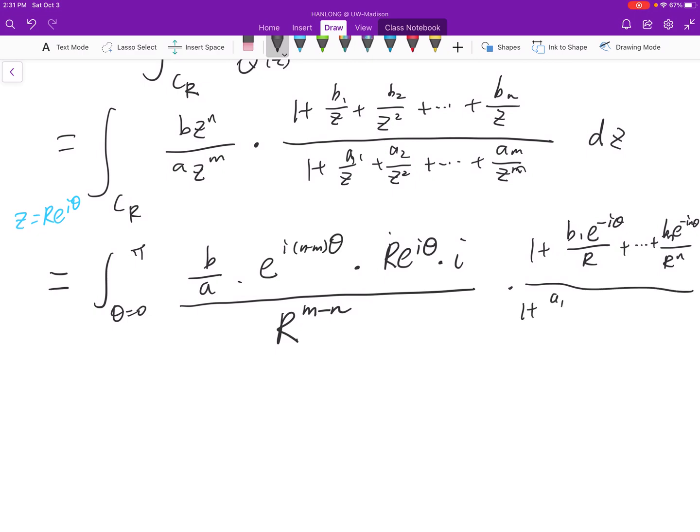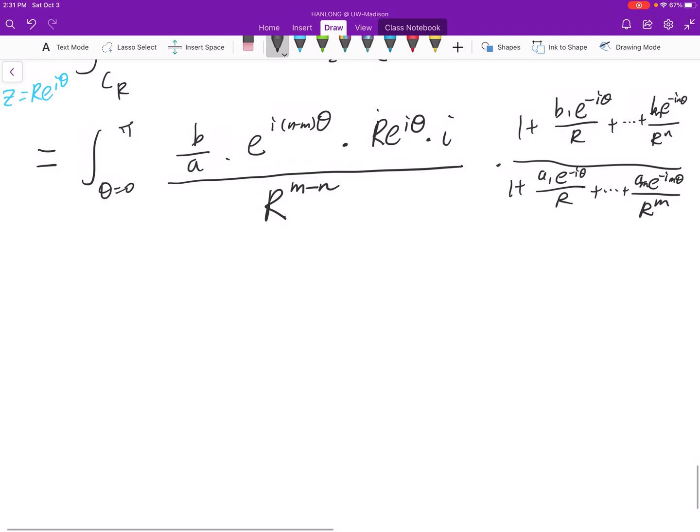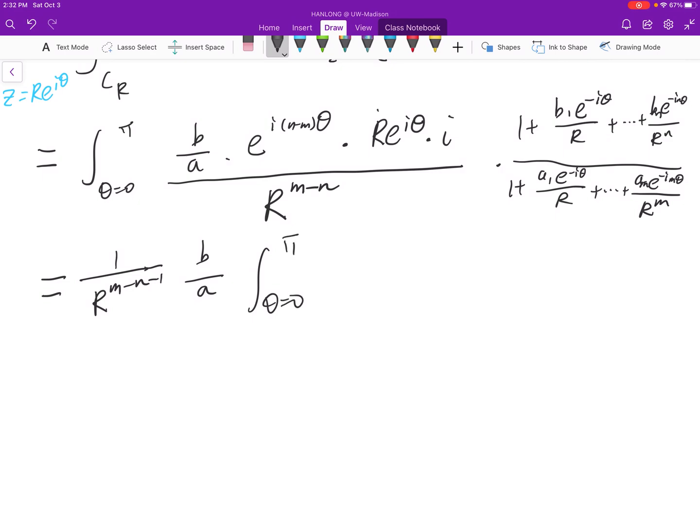Similarly for the denominator, you also have powers in m. Then you simplify, and you note that you can factor out 1 over r to the m minus n minus 1 power times b over a, and then inside, no matter what, you do have some formula.